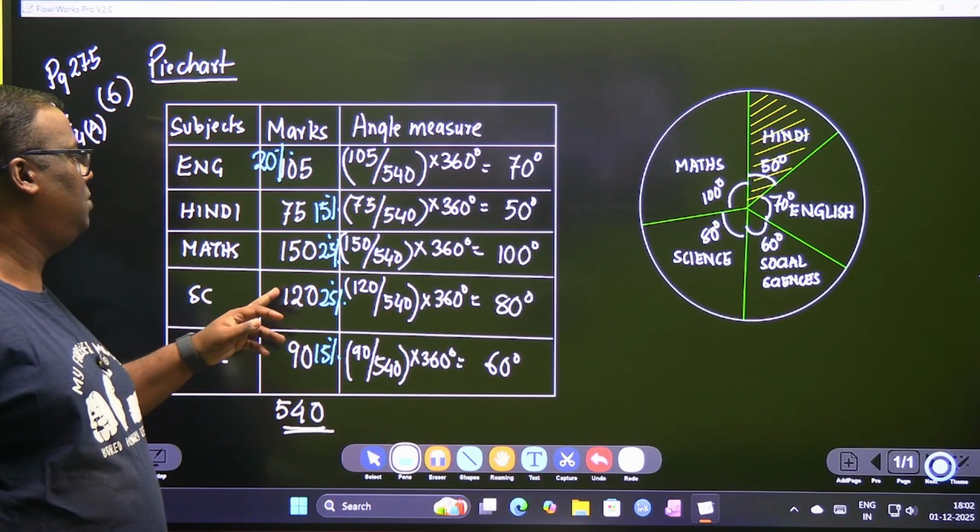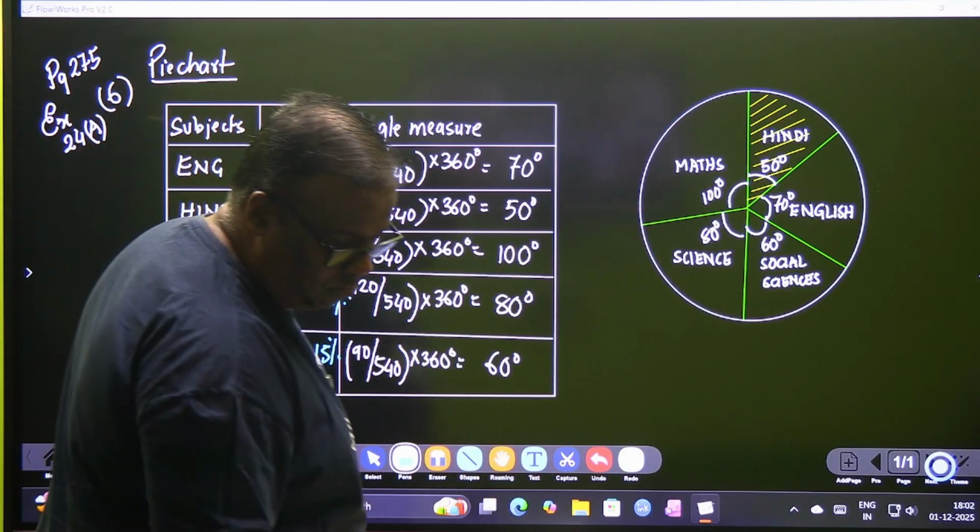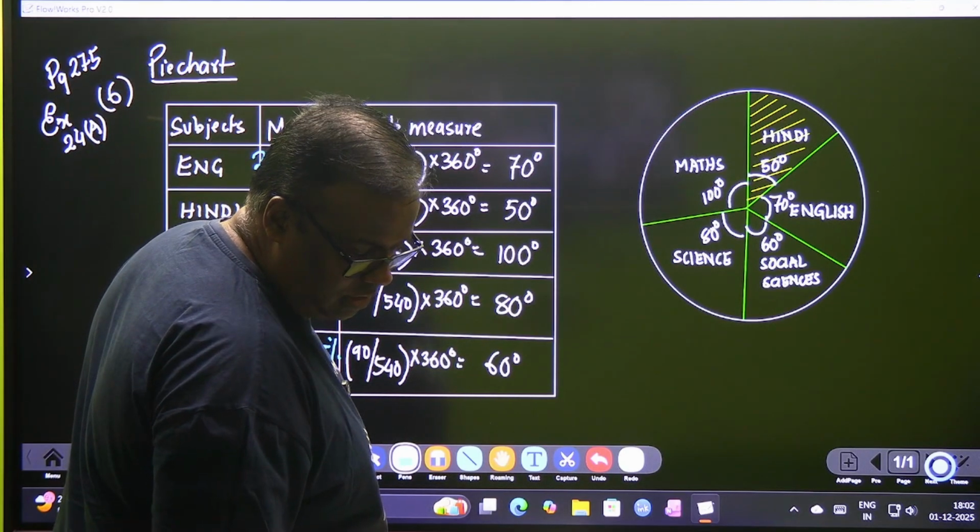No, it's not 100. Make it 55. Now, what are the values given? You didn't tell me the values correctly.